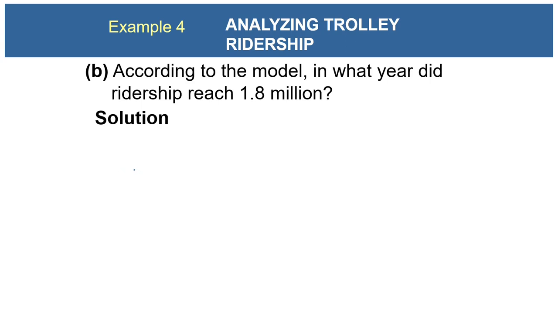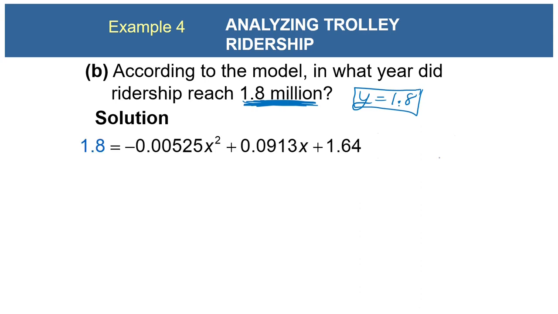In part B, according to the model, in what year did ridership reach 1.8 million? This is what we need to do with 1.8. We're going to replace y with 1.8 in our equation, and we're solving for x.